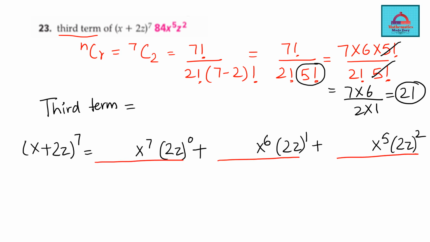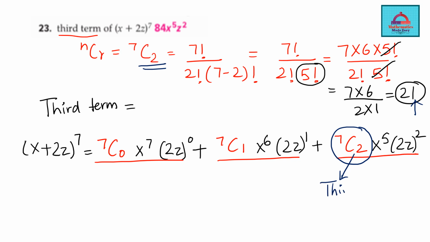We still have to write the binomial coefficients. It's going to be 7C0, 7C1, and 7C2. Now if you look carefully, 7C2 we have already evaluated. 7C2 has come out to be 21. So I can replace this term. This is my third term. This is what I need. So answer is actually this, from where 7C2 has already been evaluated as 21.